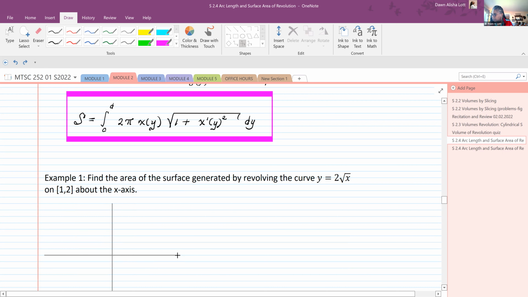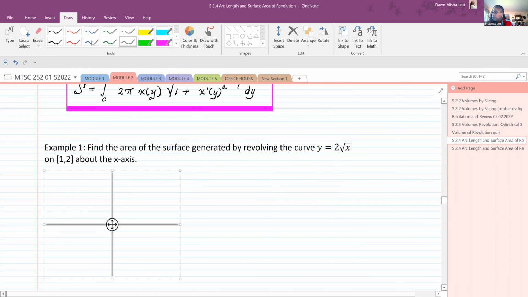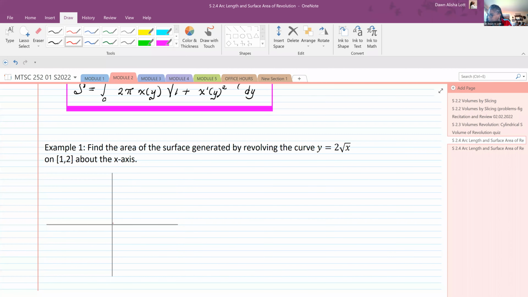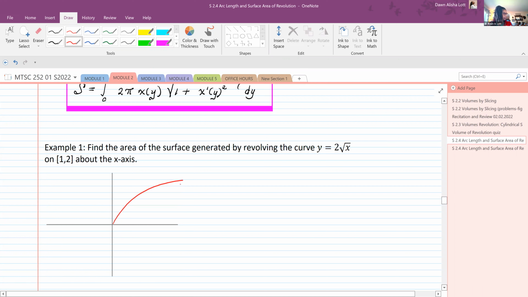Okay. So 2 times the square root of x looks like this. We only want the region between x equals 1 and x equals 2. So that would be between here, 1, and maybe 2. So we only want this part.